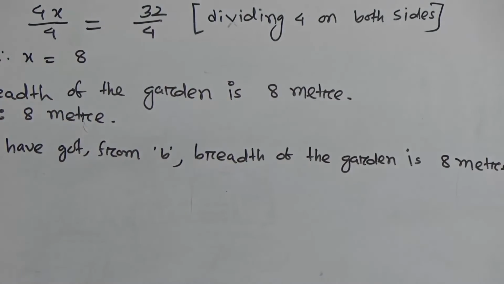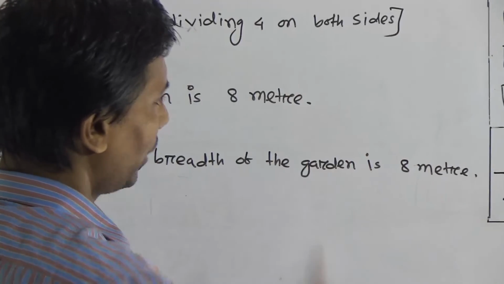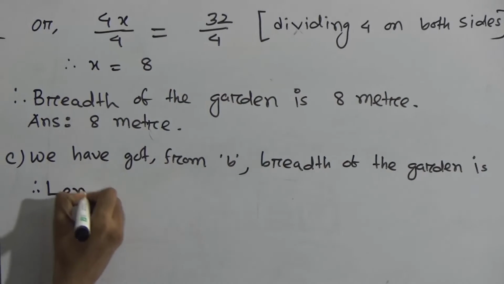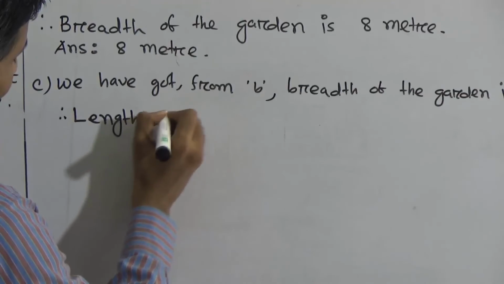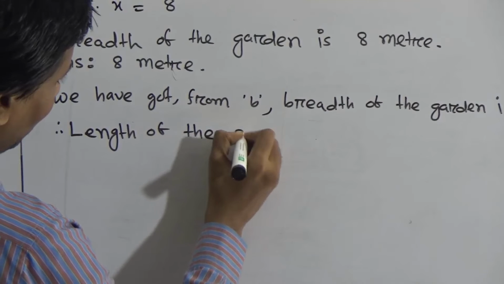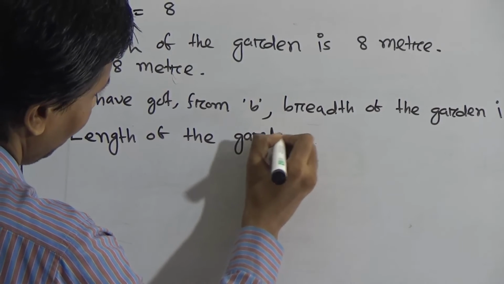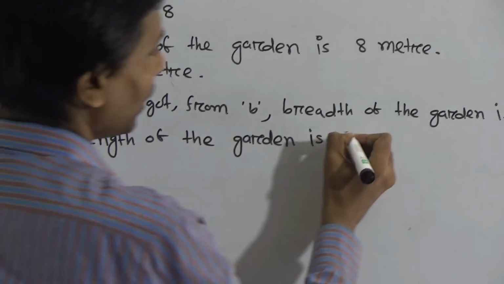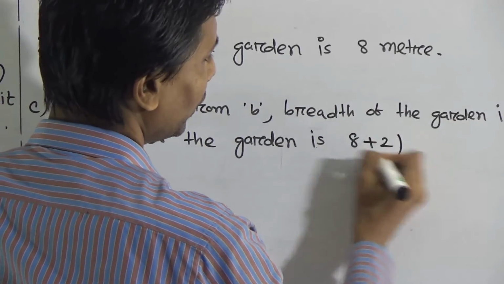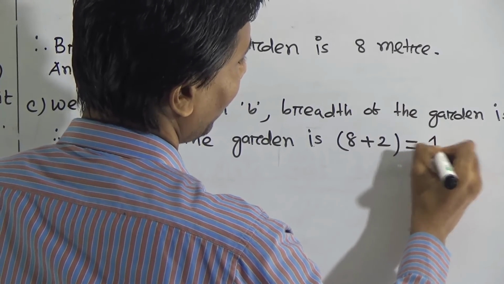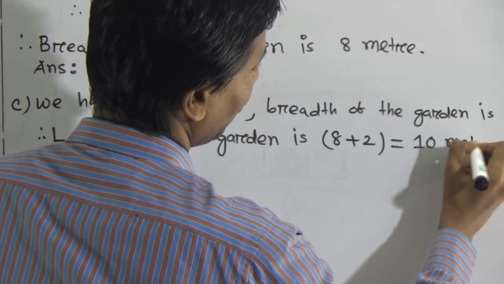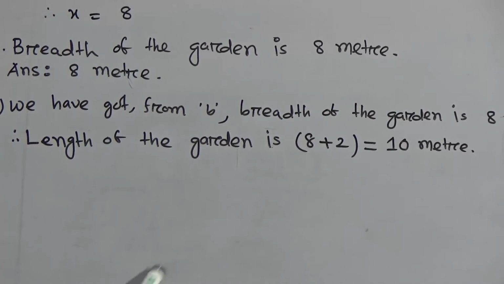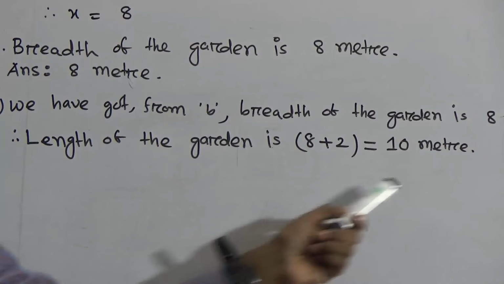Therefore, length of the garden is 2 meter more. That means 8 plus 2 is equal to what? Is equal to 10 meter. When you look here, we have got the breadth is 8 meter and the length is 10 meter.